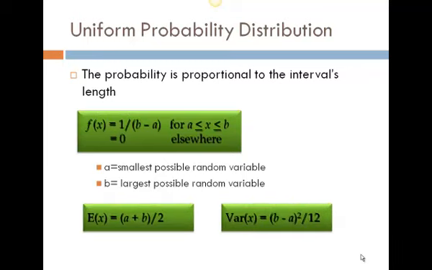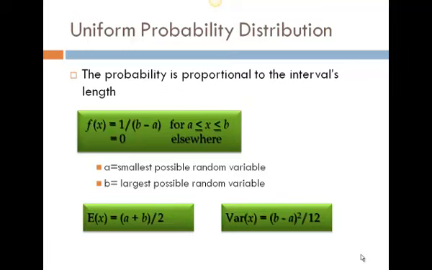So the probability density function, or what you're actually going to use to find the probability, is equal to the quantity 1 over B minus A for all values between A and B. So A is your lowest possible value and B is your highest possible value. The probability is going to be the same as long as you are within A and B. Anytime you go outside of that range, A and B, then your probability will be 0.